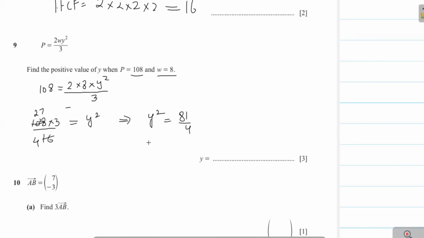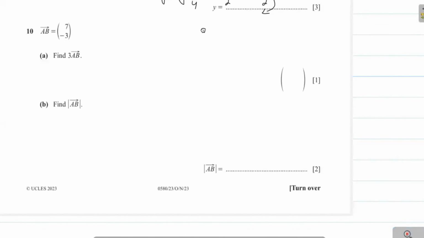To calculate Y, we take the square root on both sides. Therefore, the square root of Y squared becomes Y, and the square root of 81 over 4 equals 9 over 2, which is equal to 4 1/2. This is the answer. Question number 10.